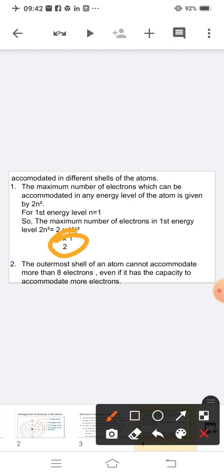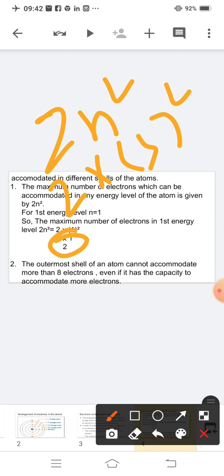And the second point is, the outermost shell of an atom cannot accommodate more than 8 electrons, even if it has the capacity to accommodate more electrons. I told you 2n square. In the third shell, 3 square is 9, 2 into 9 is 18.